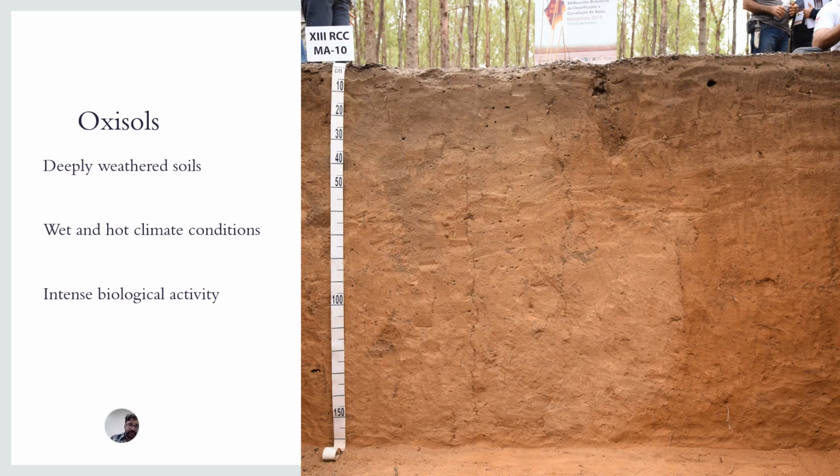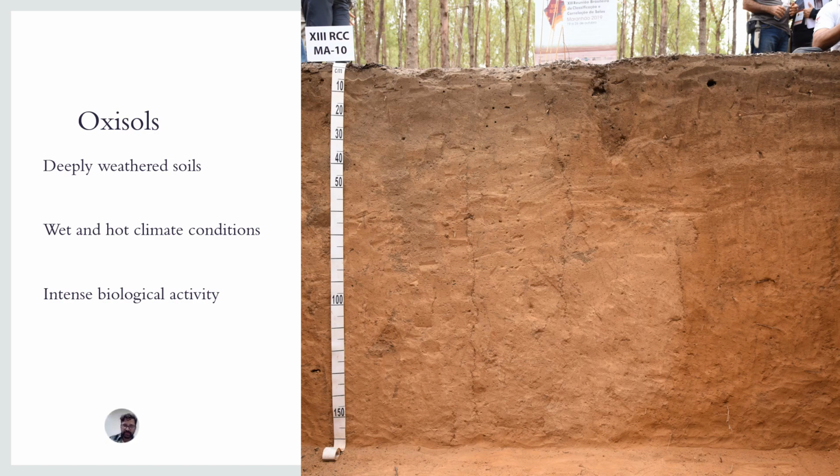Okay, the oxisols are essentially related to rainforests or dense forests and savanna, areas that express high temperature and high precipitation. And it's quite common to find that these oxisols also express high biological activity.